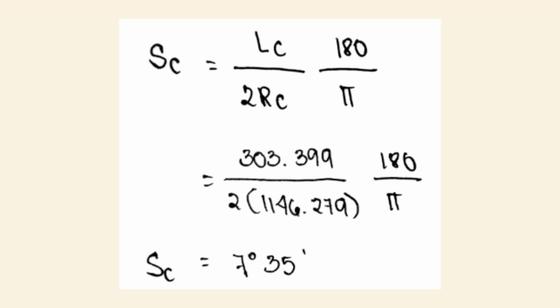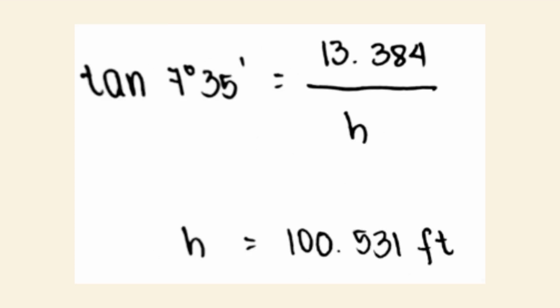Substituting values, we have 303.399 over 2 multiplied by 1146.279 times 180 degrees over pi. Thus, the value of our spiral angle would now be 7 degrees 35 minutes.